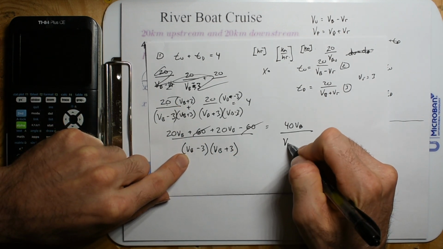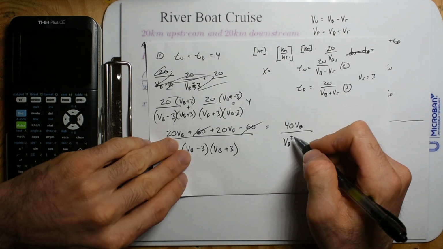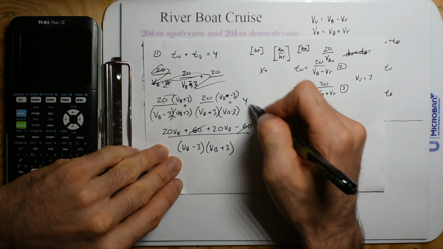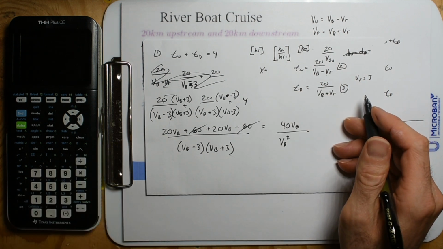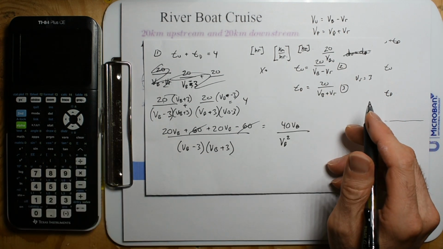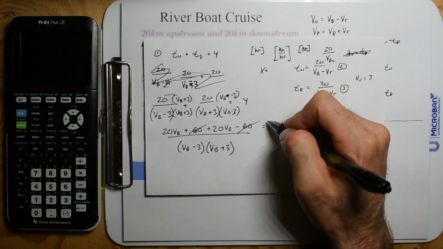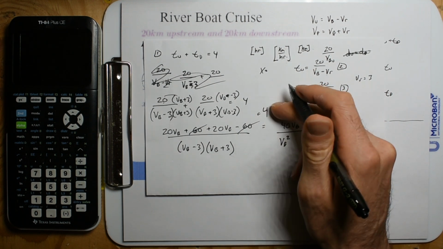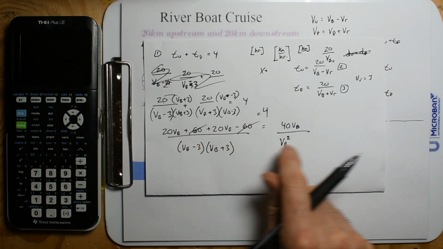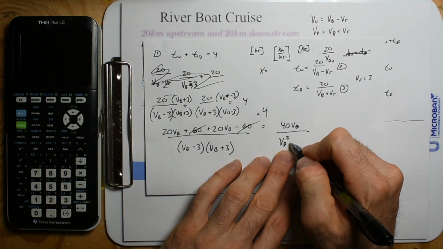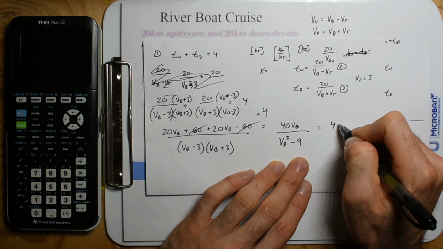So we're just going to have VB squared minus 9. Oh yeah, this is still all equal to 4. Yeah, that still plays. Yep. All right. So we have VB squared minus 9 is equal to 4.